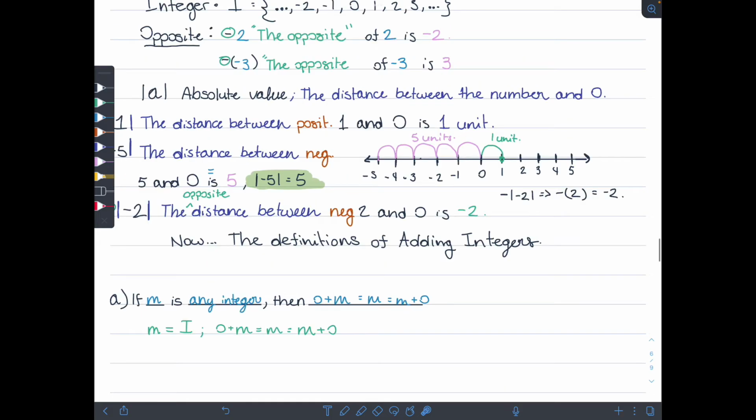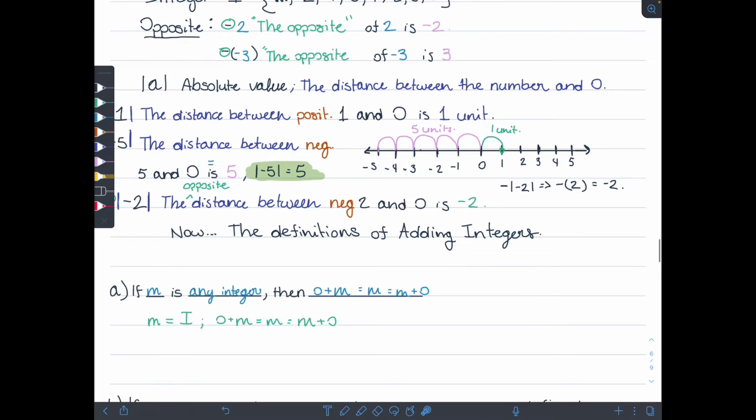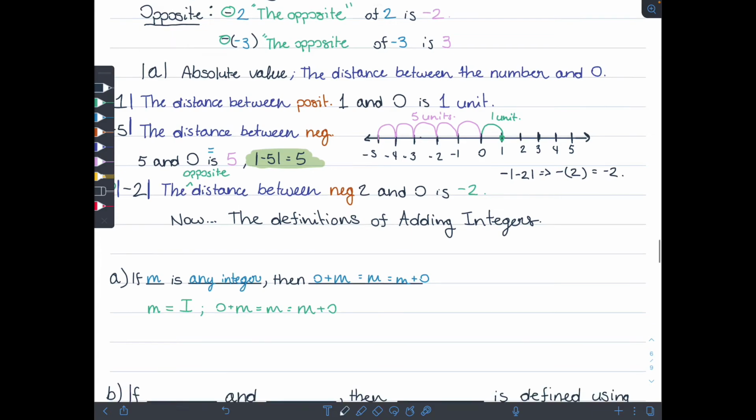Well, what numbers are in the set of integers? We've got -2, -1, 0, 1, 2, 3, -4, -3, -5, -6, 10. The list goes on.